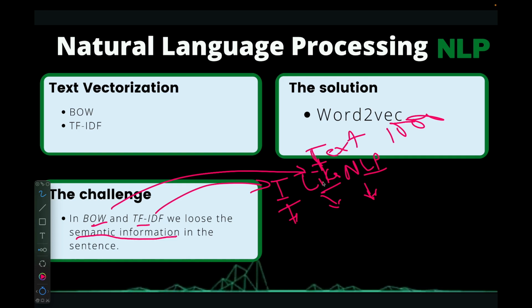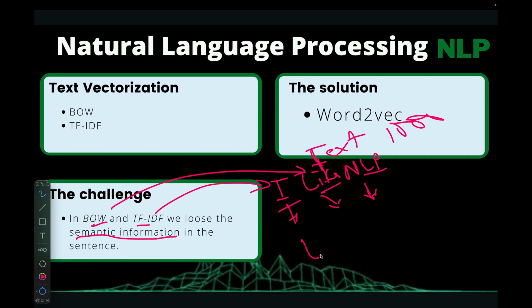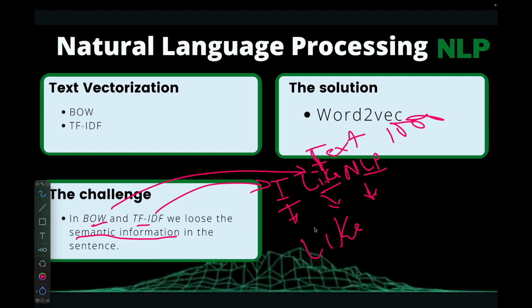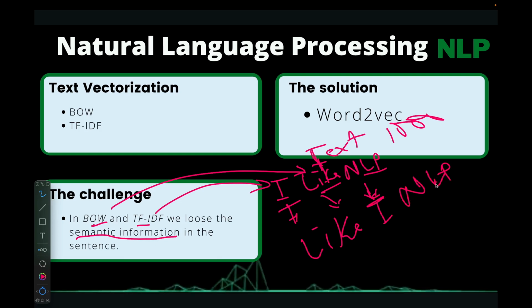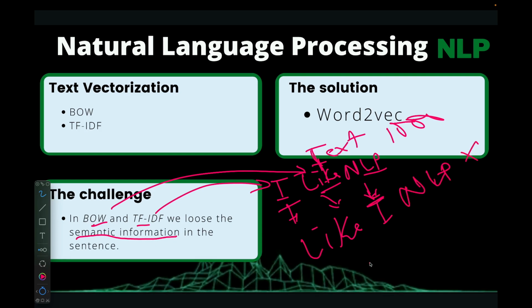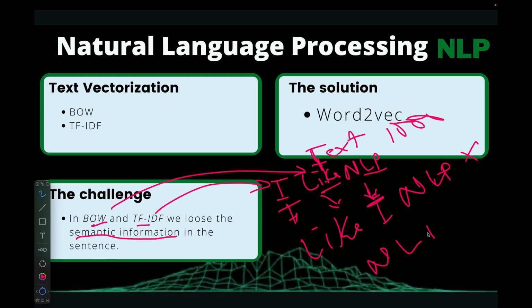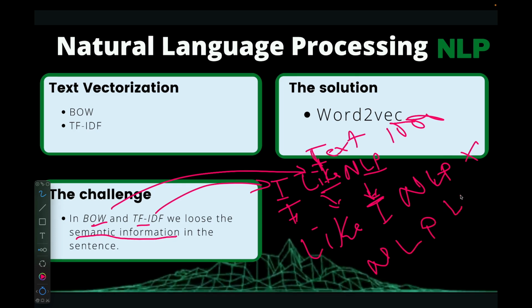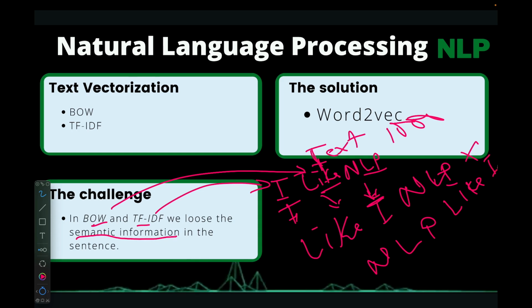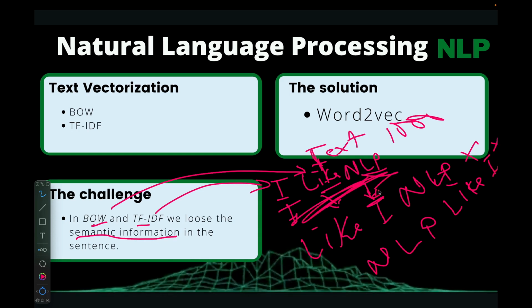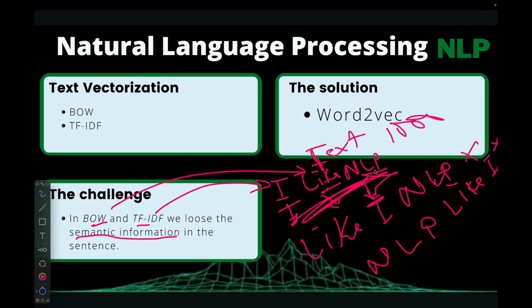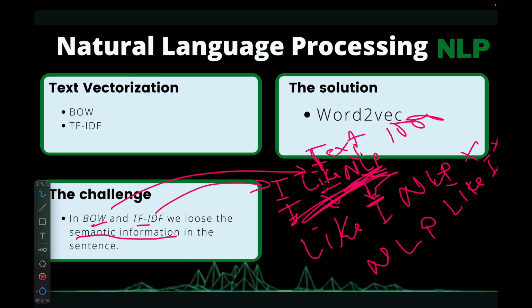For instance, you cannot write the sentence like "I NLP like," because that does not make sense. Or "NLP like I" also doesn't make sense. But the sequence "I like NLP" makes sense; the context of NLP coming at the end makes sense.